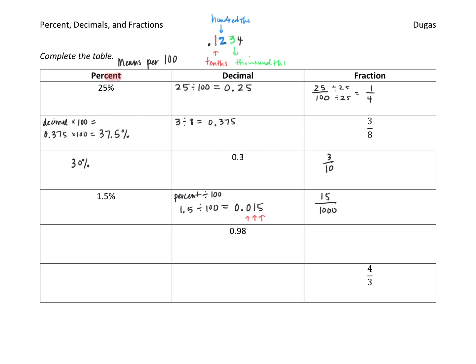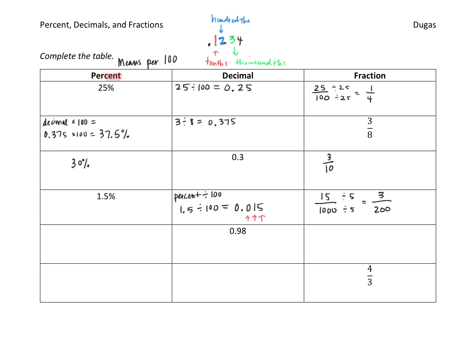So 15 over 1,000. And then we just reduce our fraction. So 15 is divisible by 5, and so is 1,000. So if I divide by 5, I get 3 over 200, and that won't reduce anymore. So that's going to be my fraction in lowest terms.